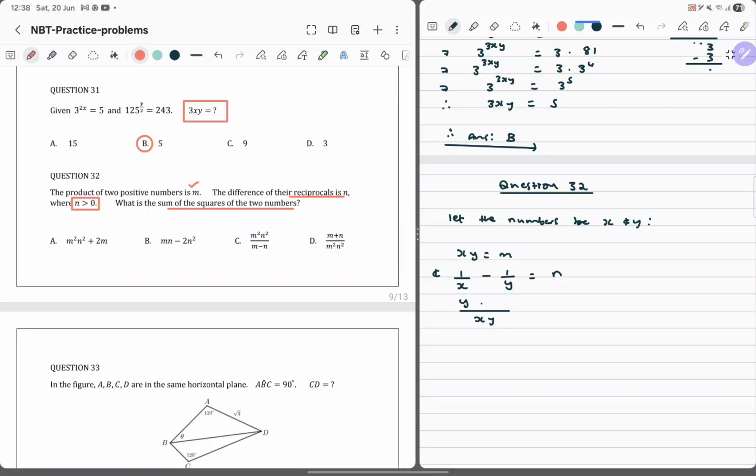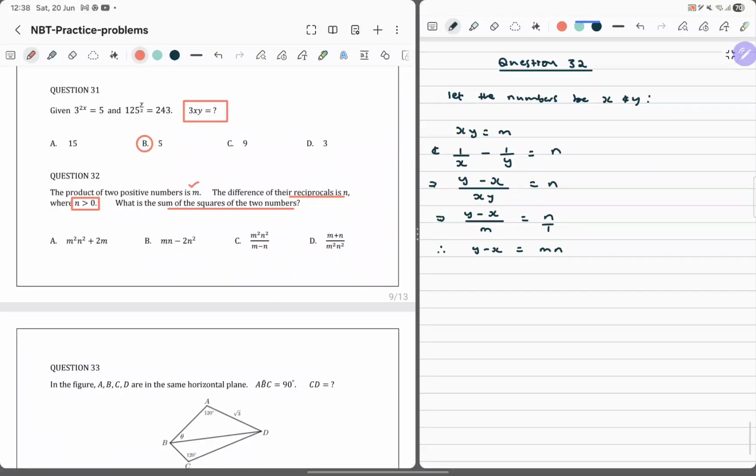Then we cross multiply, we get y minus x. This is equal to n. And therefore, we can say y minus x over xy is m is equal to n. Okay, maybe not yet. We can cross multiply this. This is over 1. Therefore, y minus x is equal to mn.